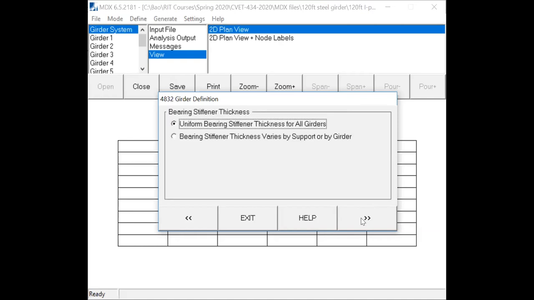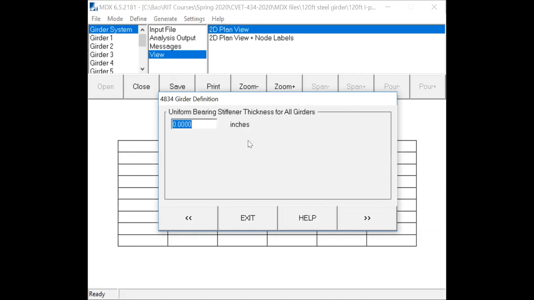And bearing stiffener thickness, we use uniform bearing stiffener thickness for all girders, which is 1.5 inch thick. Okay. The bearing stiffener size is 7.5 times 1.5.